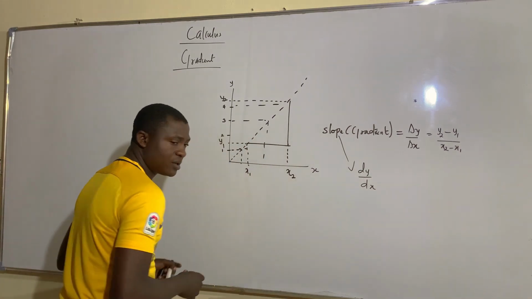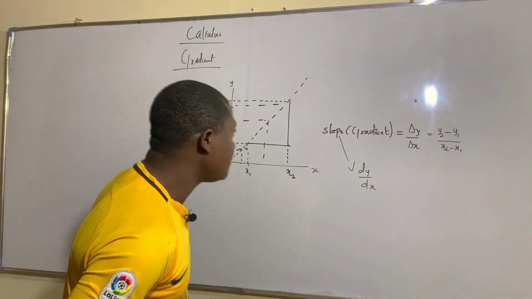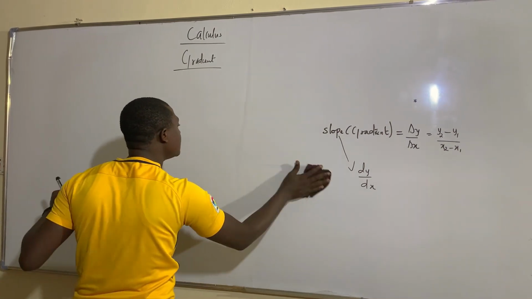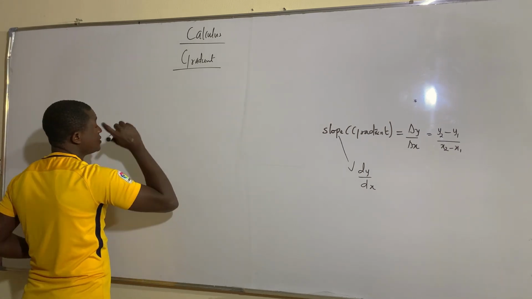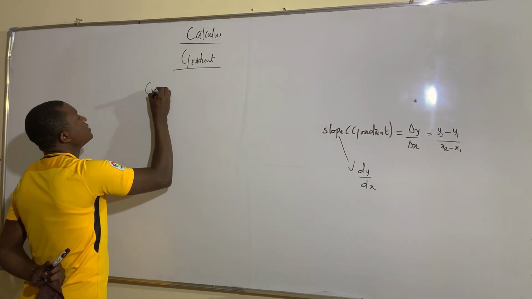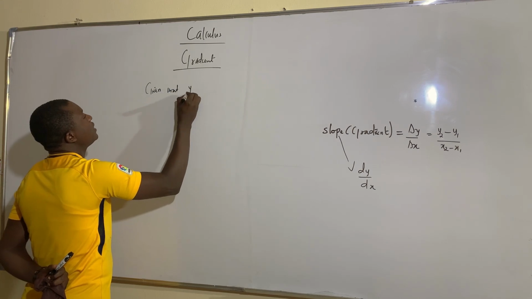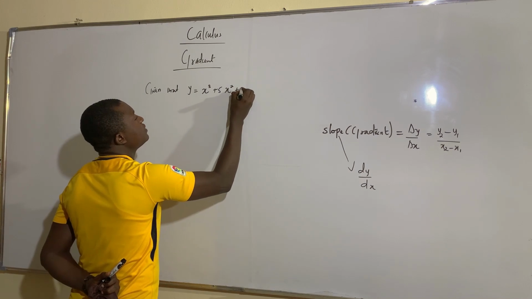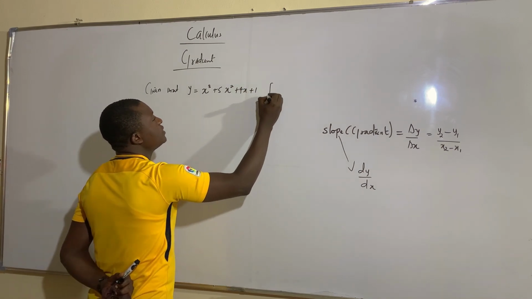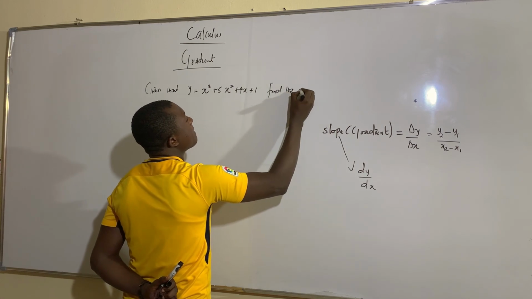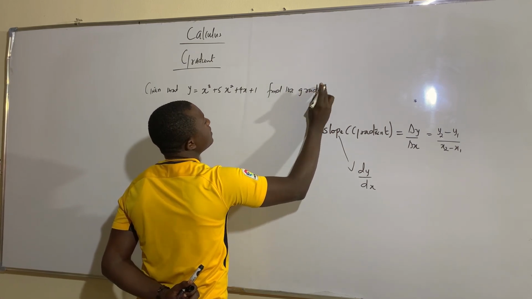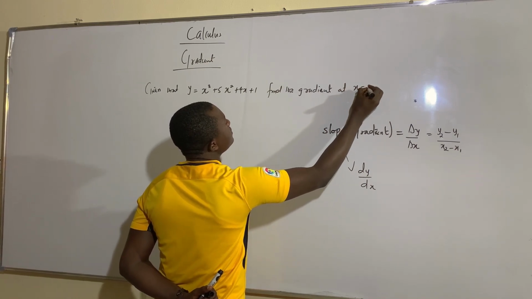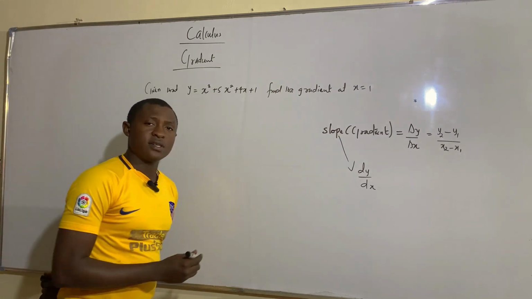Let's say, for example, given that y is equal to x cubed plus 5x squared plus 4x plus 1, find the gradient at x is equal to 1.